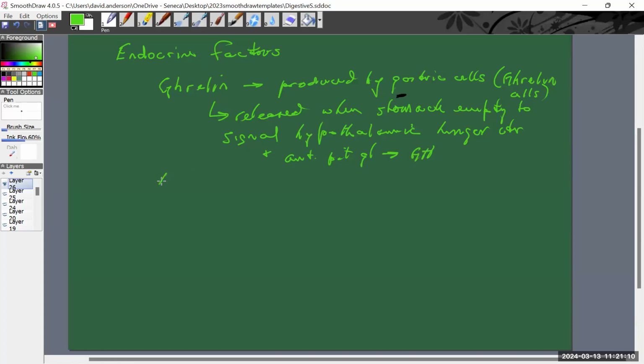Now, leptin is sometimes described as the antagonist of ghrelin. Leptin is released from adipocytes and it signals nerves and the hypothalamus to decrease hunger.